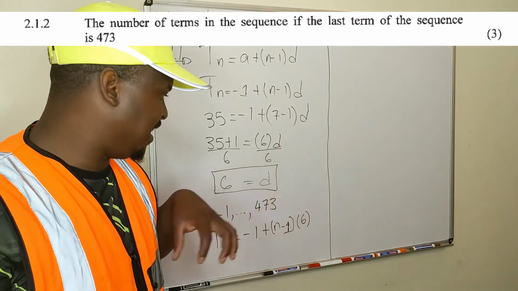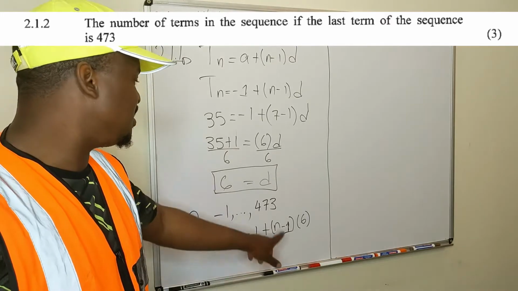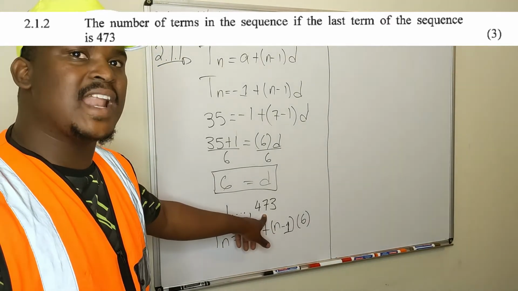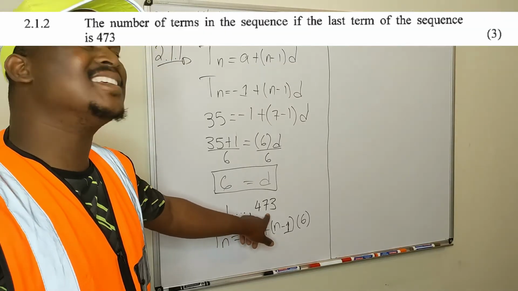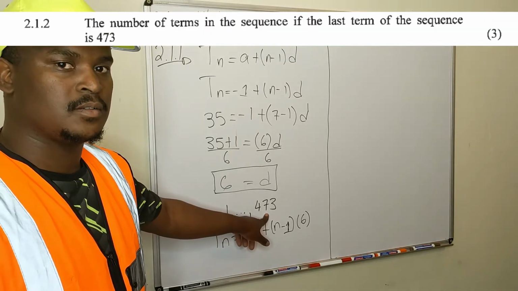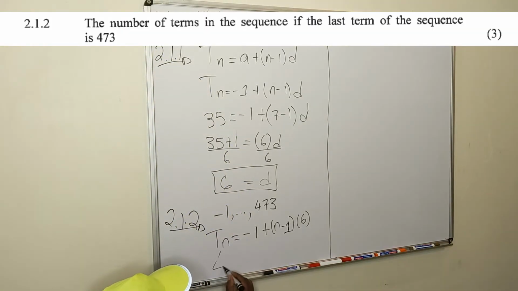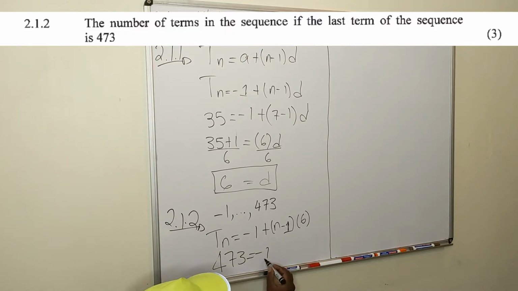If it is the 29th term, that would mean we have 29 terms in the sequence, since it is the last term. So we say 473 is equal to -1 plus n minus 1 times D, which is 6.